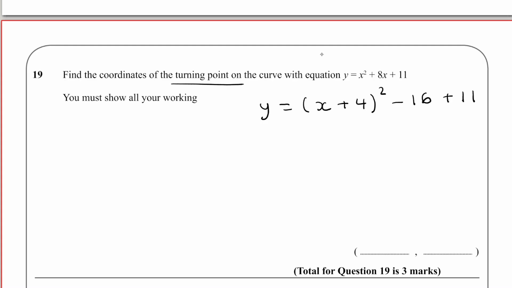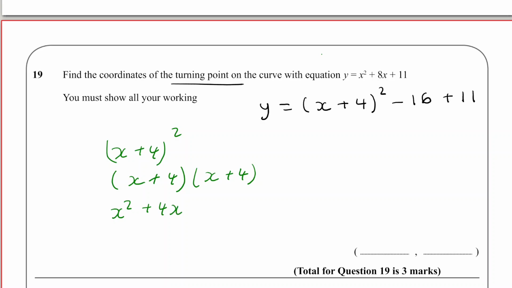The reason we've done that is if we had x plus 4 squared, that's x plus 4 times x plus 4, that's x times x is x squared, plus 4x plus 4x plus 16. So x squared plus 8x plus 16.